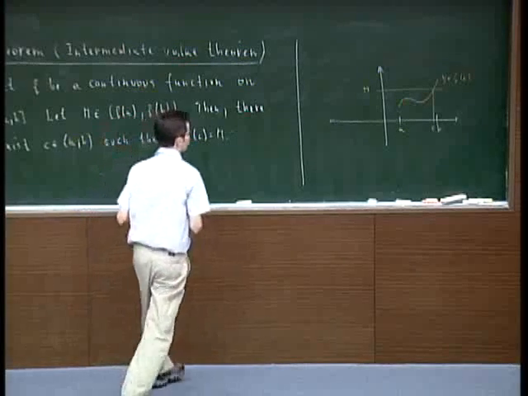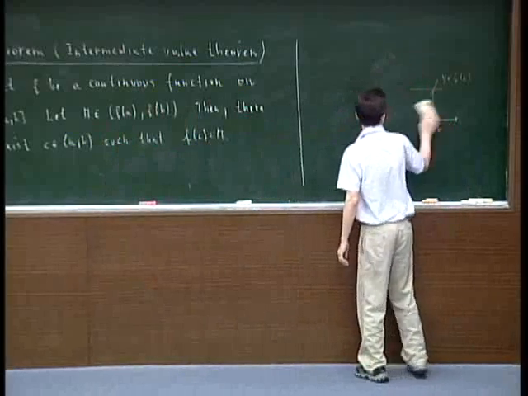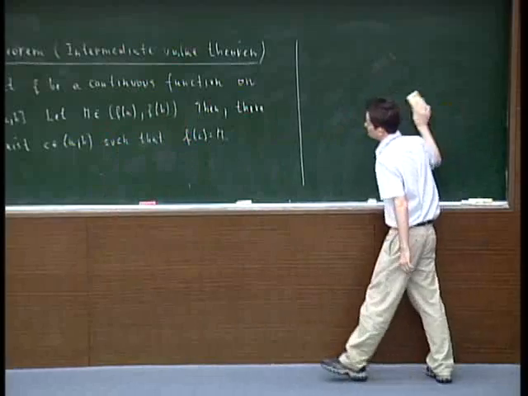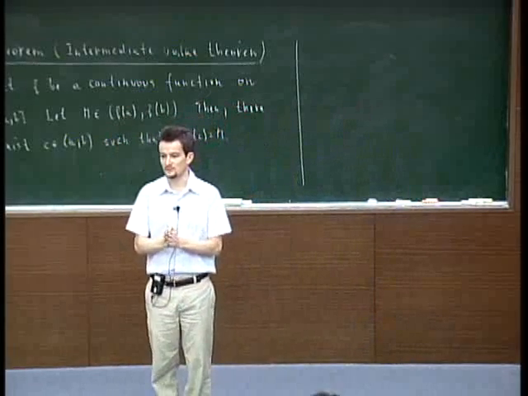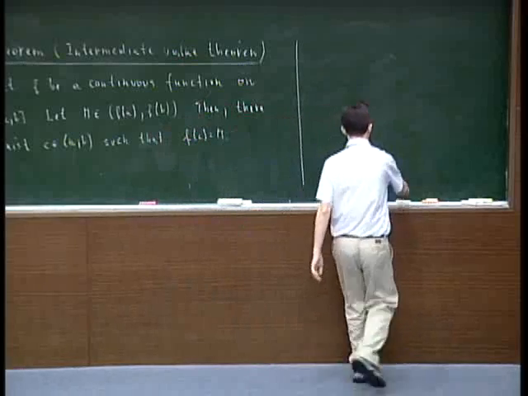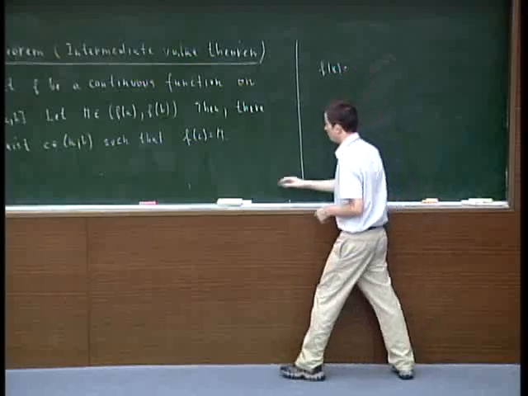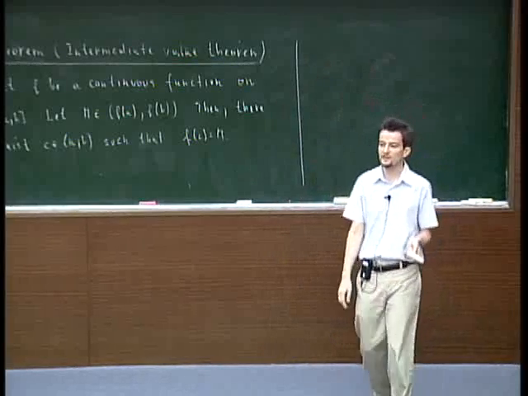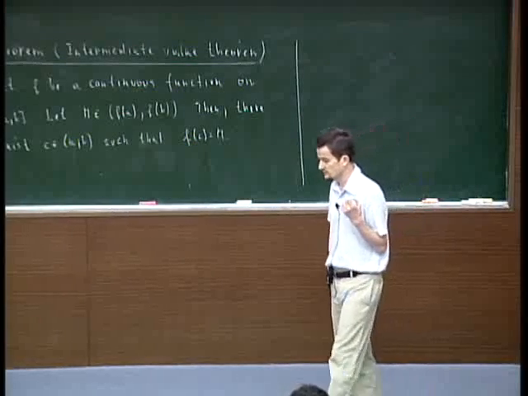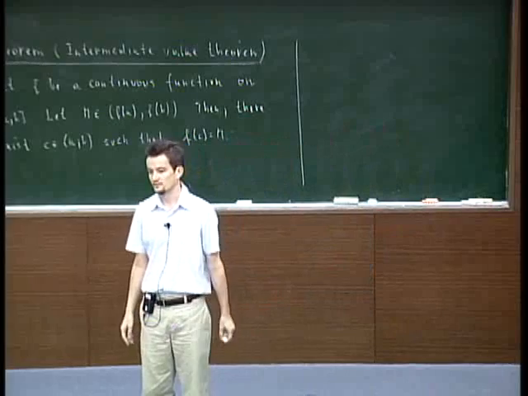Another important consequence, which you maybe have already seen in high school, is that this gives you a method for finding roots of functions. So for instance, if you have the general question: does there exist a number such that the cube of the number is equal to 1 plus the number?